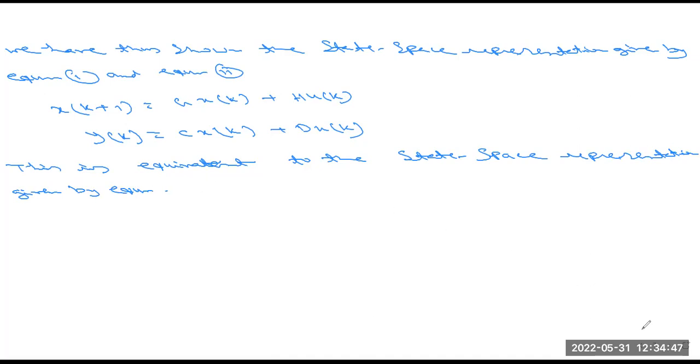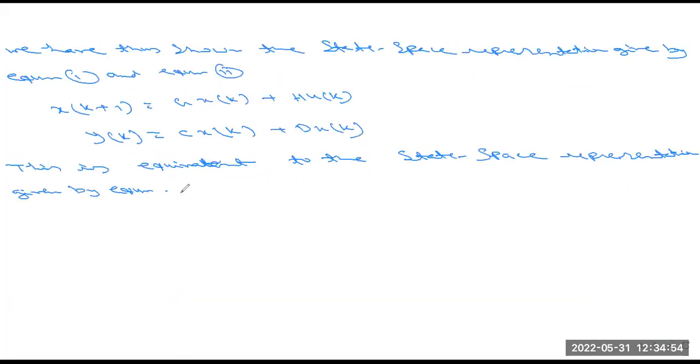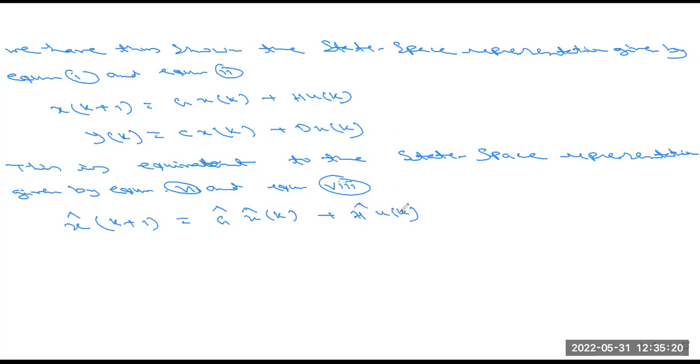We have to see, I am just going to the previous page, that is equation 6 and equation 8. What came was x vector k plus 1 is equal to g vector x vector k plus h vector u of k.